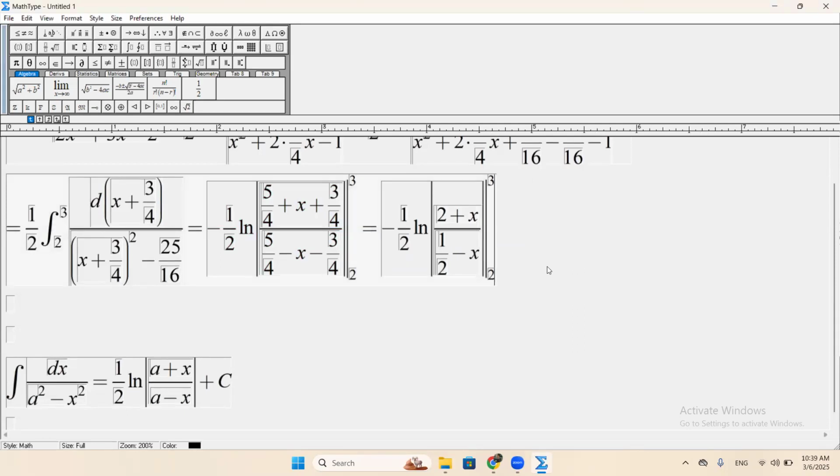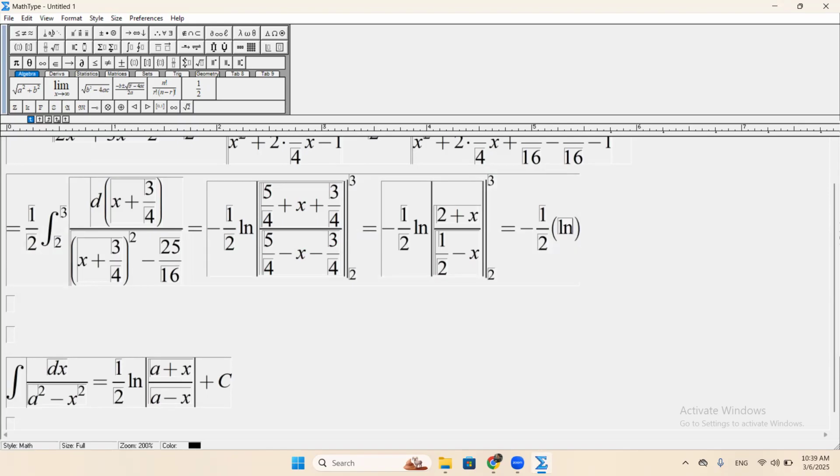Okay, so now let's use the Newton-Leibniz formula. Minus 1 over 2, and now substitute values, from 2 to 1.